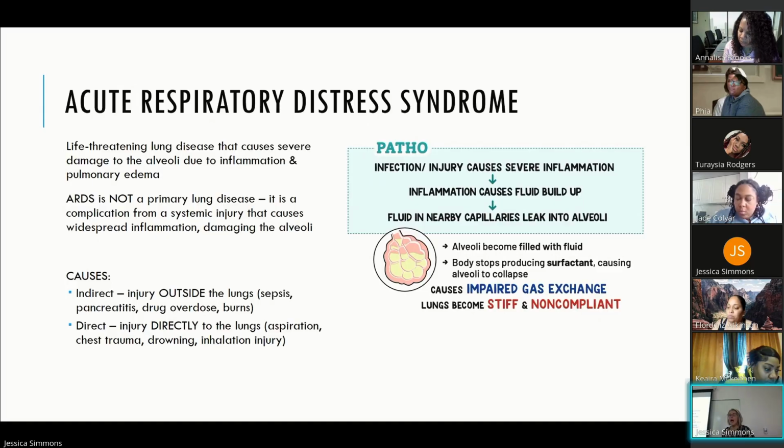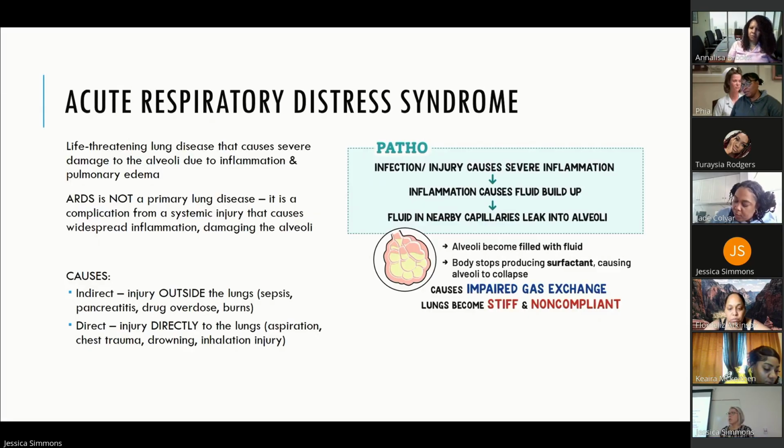So you have an acute situation like the flu, like COVID, like pneumonia. It causes damage to the alveoli and capillary beds. There is decreased gas exchange because of that damage. It causes widespread inflammation within that lung space, and oxygenation is no longer capable of occurring.